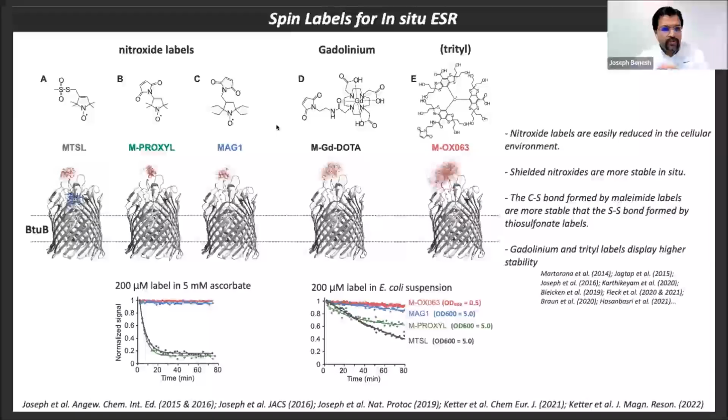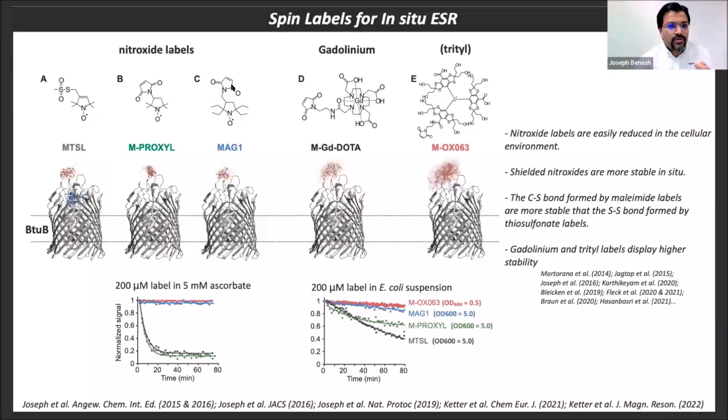For EPR spectroscopy, nitroxide labels are the most popular, followed by the gadolinium and the trityl labels. MTSL is the most popular label, but it's very easily reduced in the cellular environment. It has been shown that replacing these methyl groups with ethyl groups can prolong their stability.